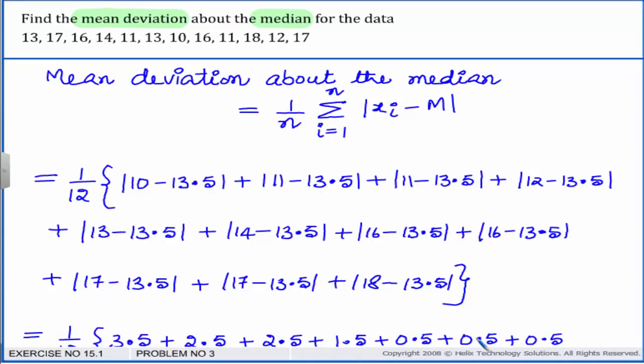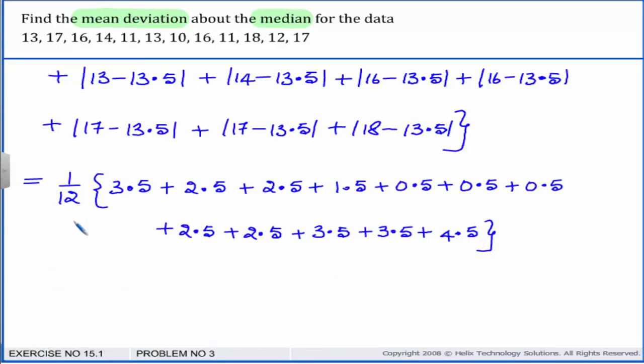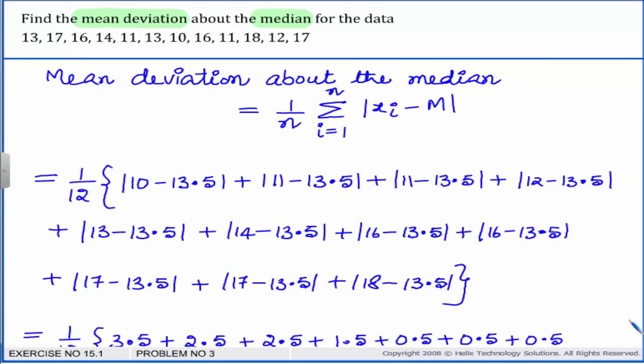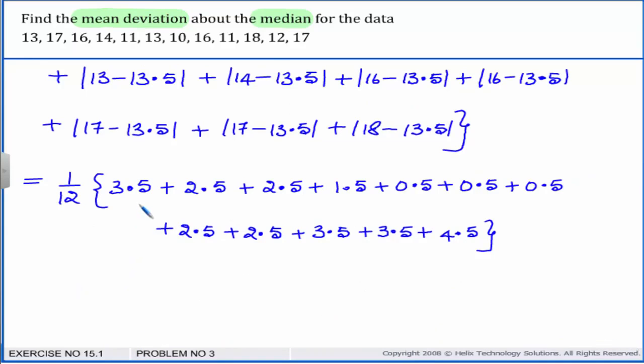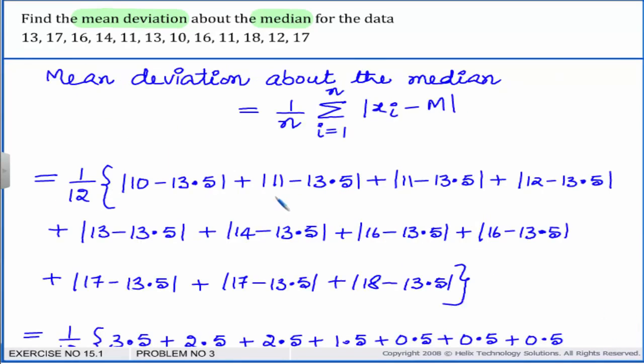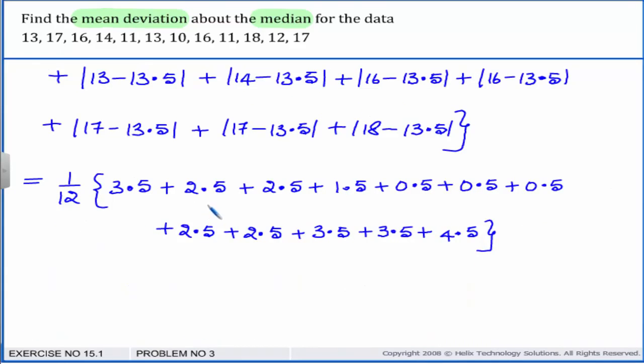So this is equal to 1 by 12 into the absolute value of 10 minus 13.5 is 3.5, plus the absolute value of 11 minus 13.5 is 2.5 and so on. And here we have the absolute value of 18 minus 13.5 is 4.5.